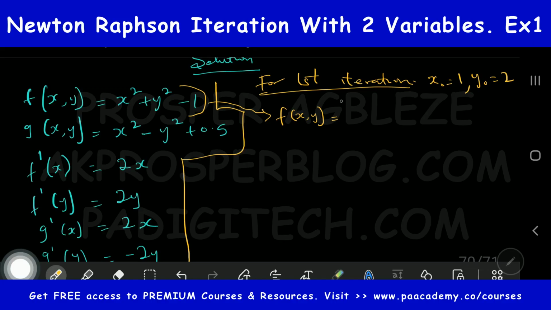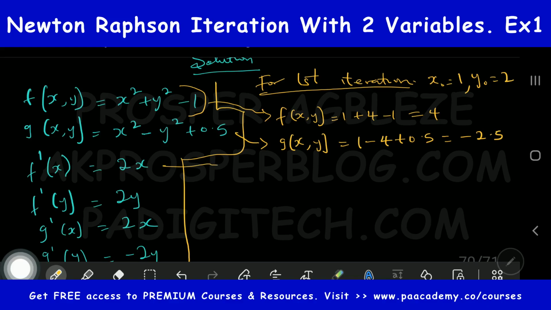That's 1 plus y squared, which is 2 squared, so plus 4, minus 1, and that gives us 4. For the second one, g of x comma y, which is x squared minus y squared plus 0.5, that's going to be 1 minus 4 plus 0.5, and that gives us minus 2.5.